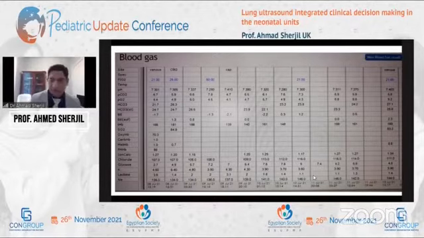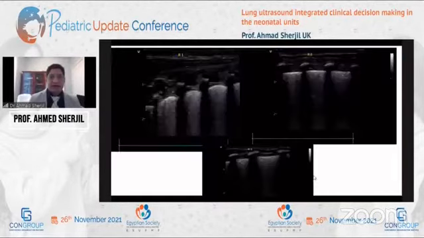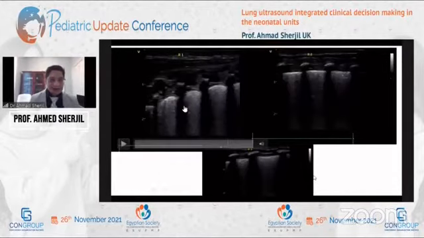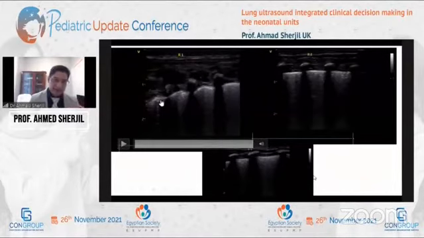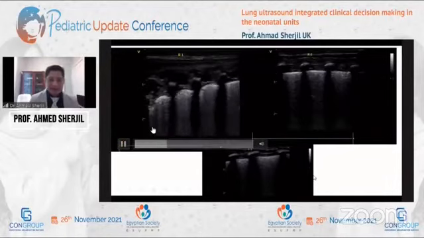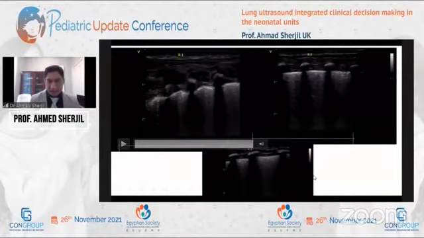I scanned this baby just for my satisfaction. If you look at the right side, first things first, identify the ribs here, identify the pleural line, and I'm going to run this. What you're seeing on the right side is a thickened pleura with lots of B lines, but they're not merging into each other.